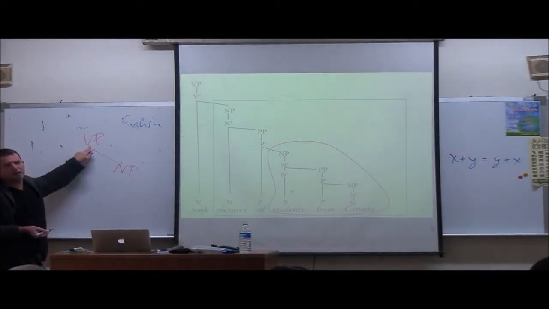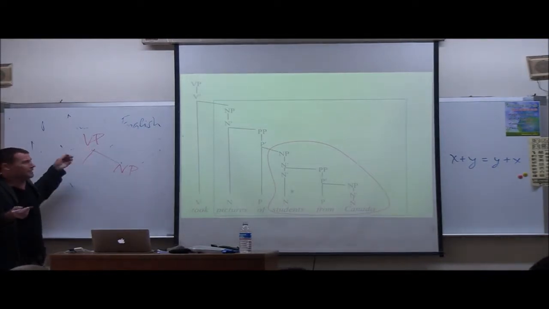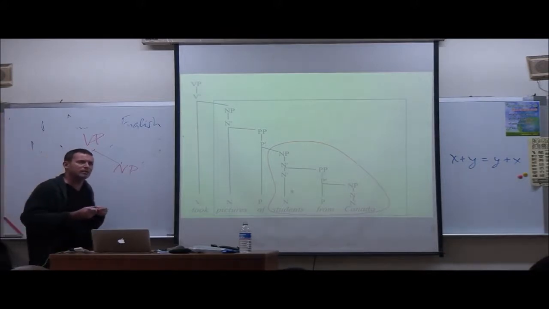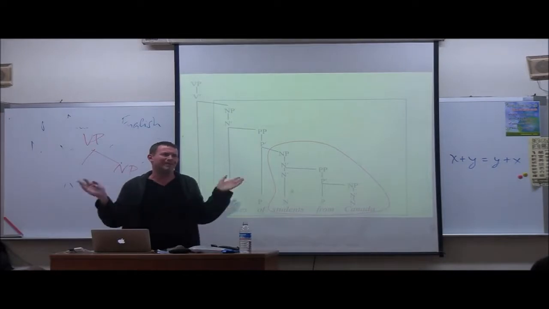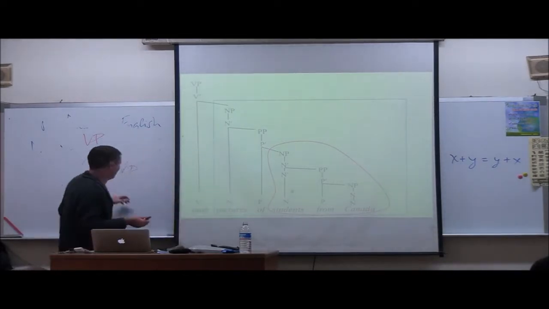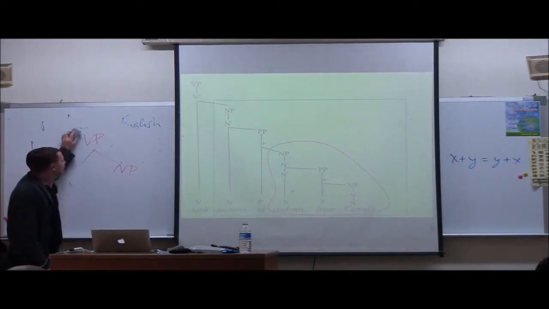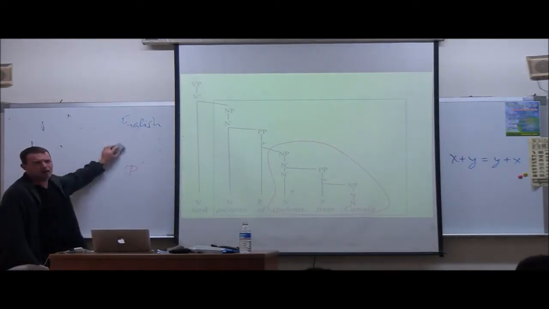VP is the mother of V bar, and, well, a specifier, if there is one. We'll see later that VPs can indeed have specifiers, but we haven't talked about that. So, the only daughter of a VP for now would be V bar.